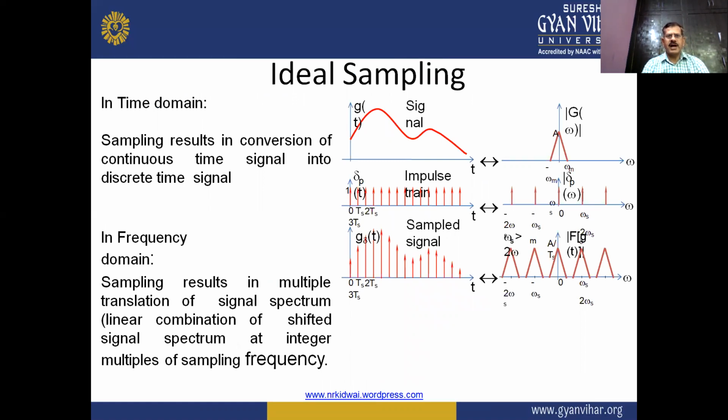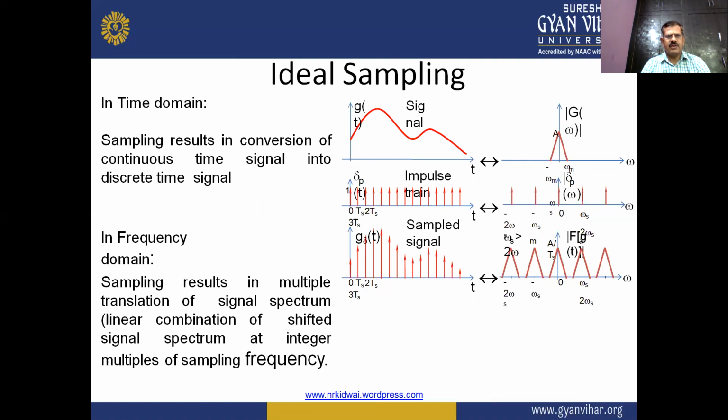What is ideal sampling? First we take the time domain, and second the frequency domain. In the time domain, sampling results in conversion of a continuous time signal into a discrete time signal.